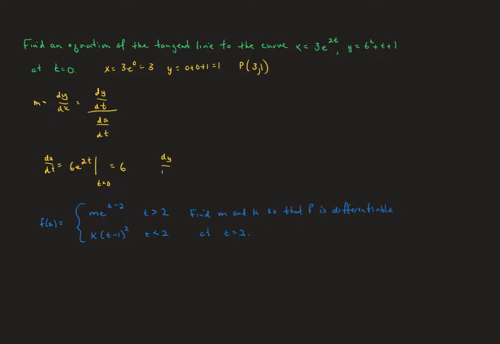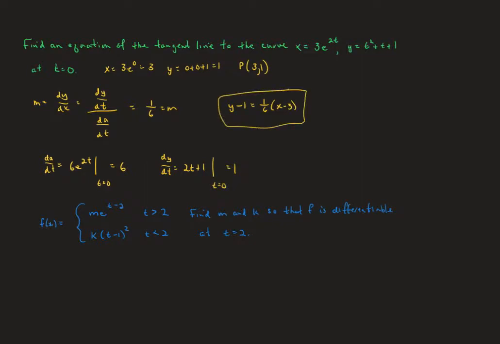The dy/dt is going to be 2t plus 1, and if we evaluate that also at 0, that is going to be 1. So our slope is dy/dt, which is 1, over dx/dt, which is 6. So our tangent line is y minus 1 is equal to 1/6 times x minus 3.